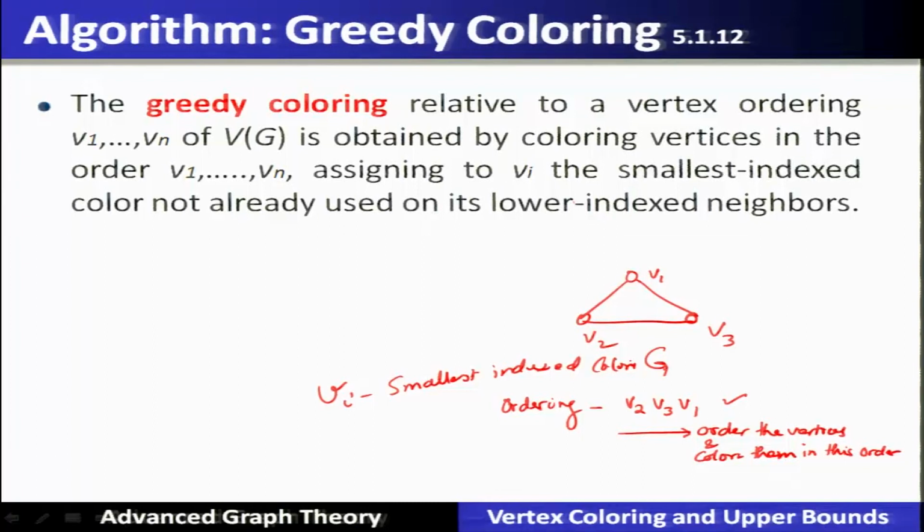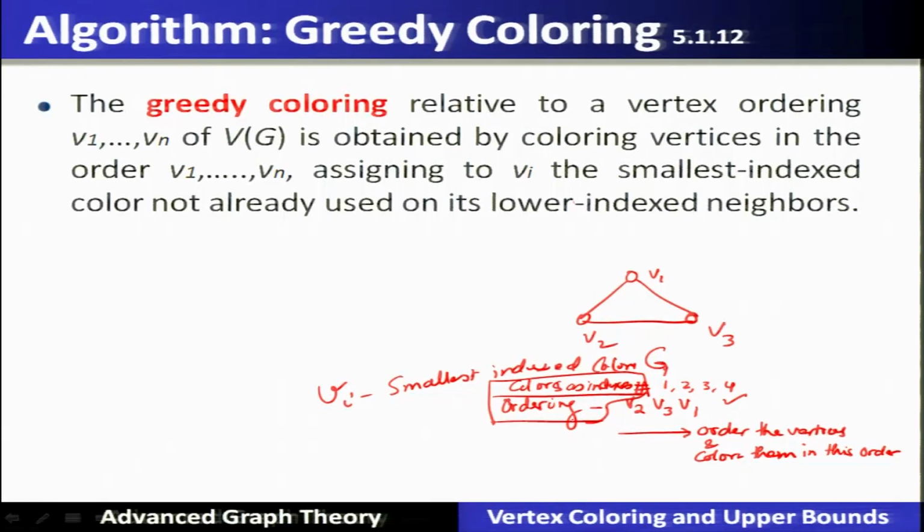So, we will obtain the colors as the indexes. For example, color number 1, 2, 3, 4 and so on. So, one may represent red, blue, green and so on. So, colors are also indexed and vertices are also in a particular order.